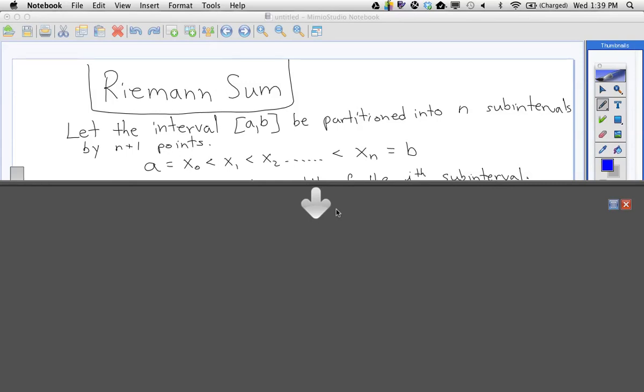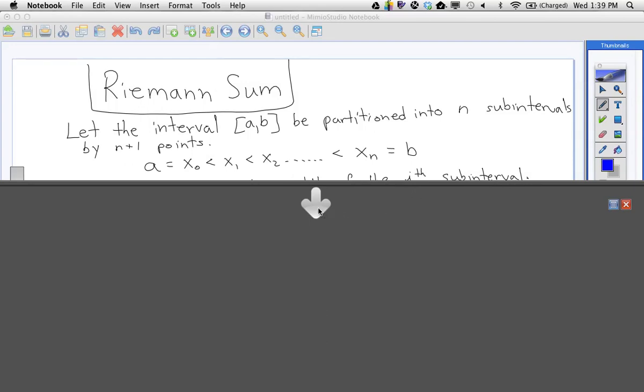So again, defining our notation. What's with the equals? That just means x sub 0 is the same as A, and x sub n is the same as B. The others are all in between, so that's what less than means. So x sub 0 comes first, then x1, and x2. That's all that means. Just a way of writing it.